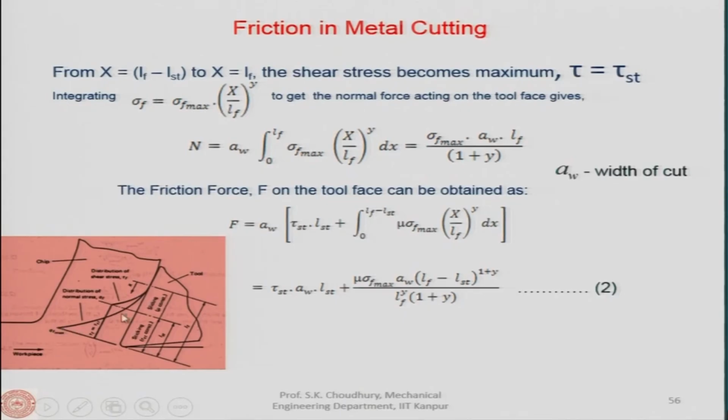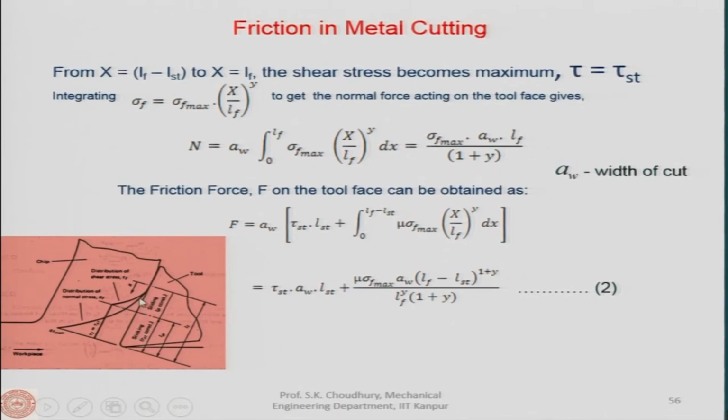Now, to get the friction force, similarly, we integrate both of these values, this and this. This value is easy because it is constant, tau st into LST, where LST is the length here.